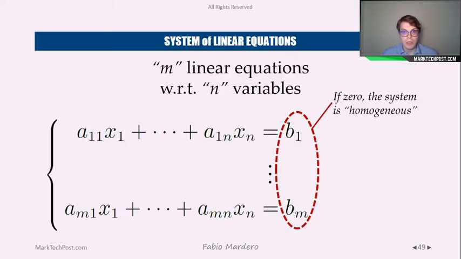Also, matrices are very useful to compute systems of linear equations. In the slide, we see m linear equations. Here you see the coefficients that go from 1 to m, with respect to n variables, the unknown variables x1 to xn. If these terms are 0, we say that the system is homogeneous.